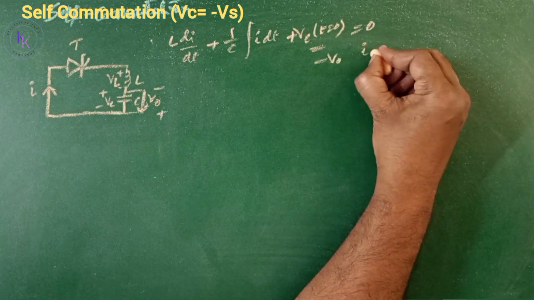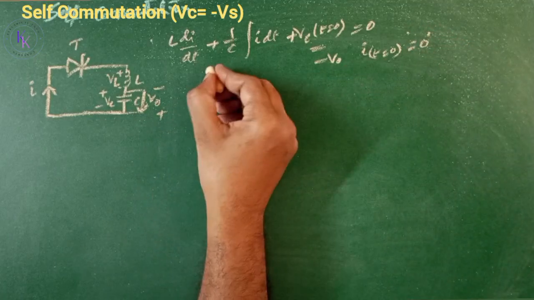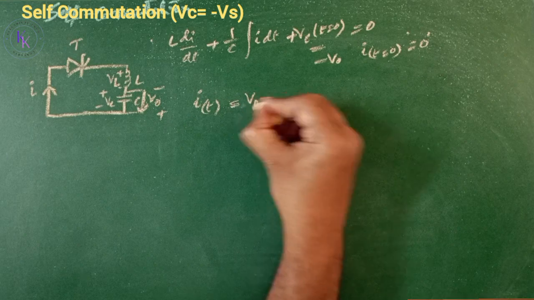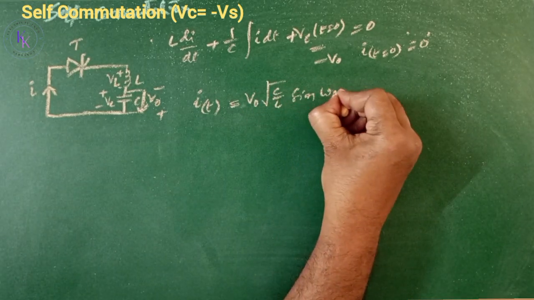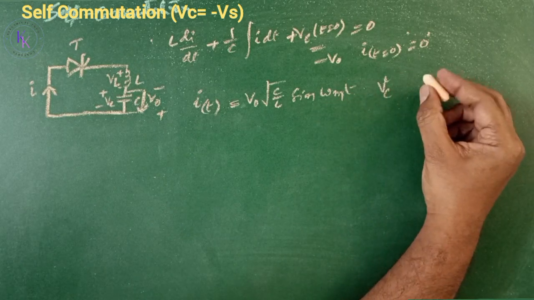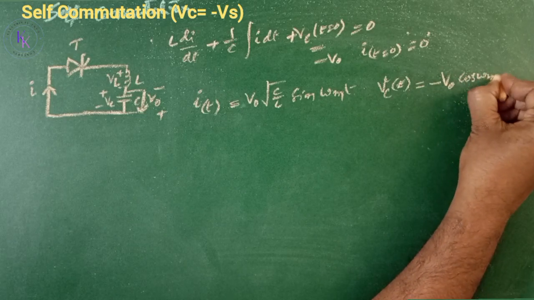Initial current I at t equals 0 is 0. With these initial conditions, the solution is I of t equals V0 square root of C by L sine omega m t, and the voltage across the capacitor is minus V0 cos omega m t.